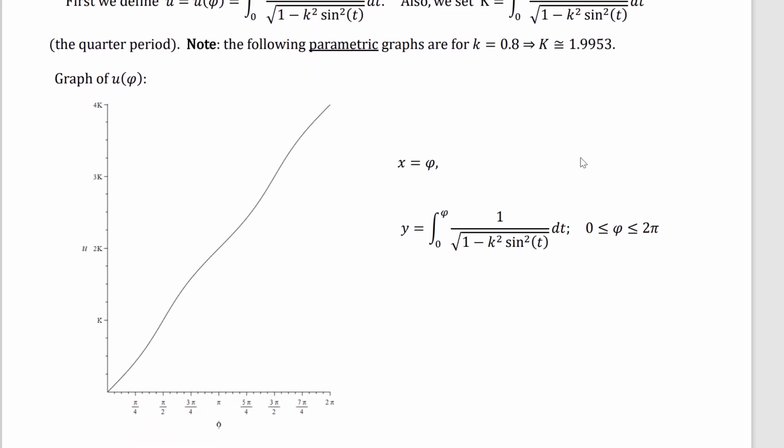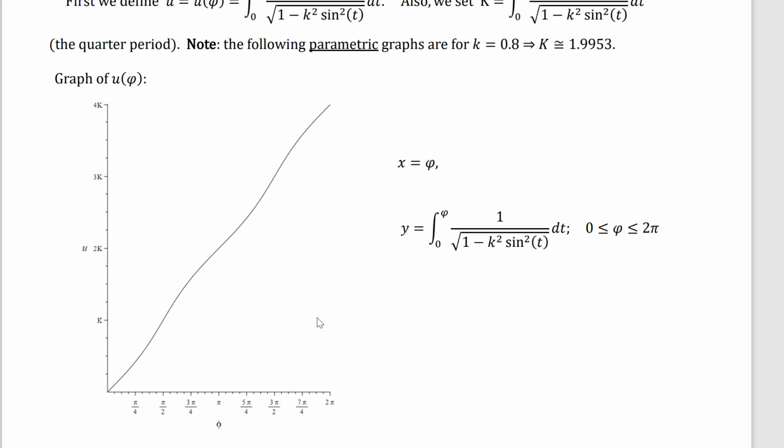So again, we can graph u in terms of phi. That would be easy to do as a standard function. You just graph this integral. But I kind of wrote it parametrically for what's going to follow. So another way to do it is we want the horizontal axis to be phi, and then the vertical axis is u of phi, which is this integral.